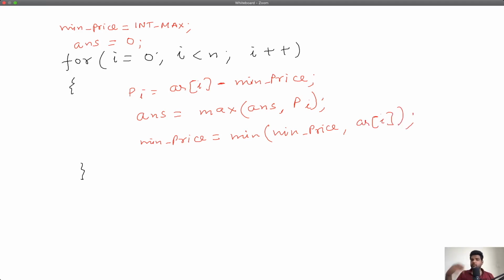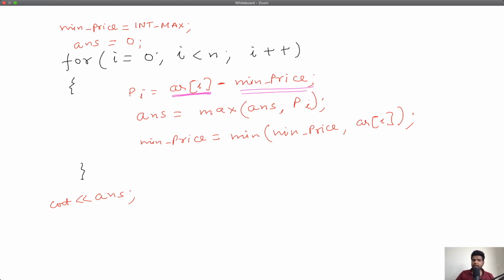If you keep doing this in a loop, eventually you will get the answer, which you can output. What did I do? In this loop, I am interested in computing a PI, which is the maximum profit assuming I sell on the ith day. That is nothing but the price of the stock on that day minus the minimum that I have so far till i minus 1.